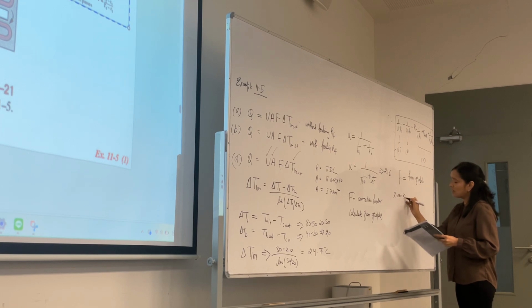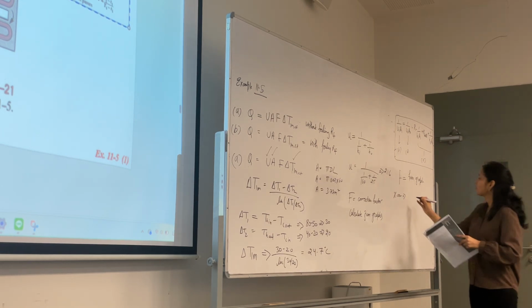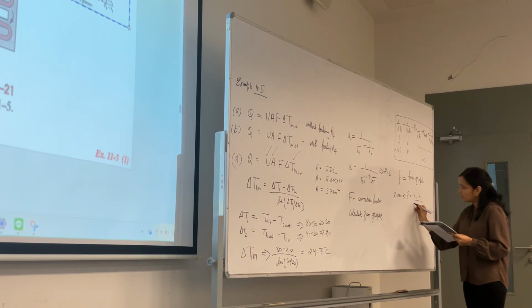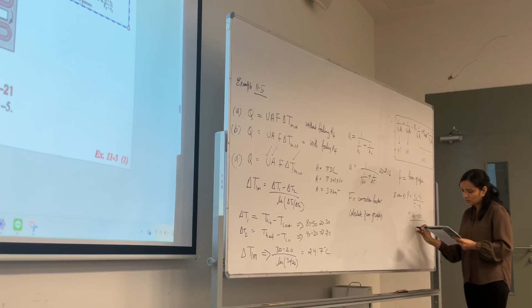The x-axis of the graph is P, right? P, which is T2 minus T1 divided by T1, 40, 80, 20.